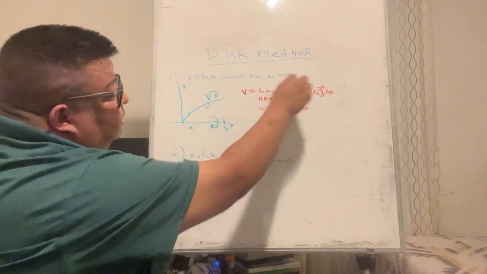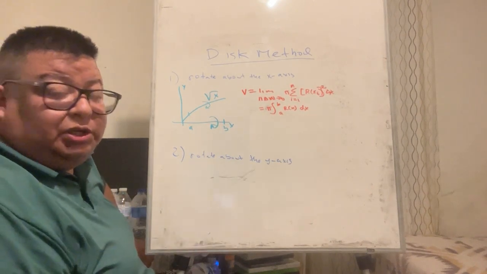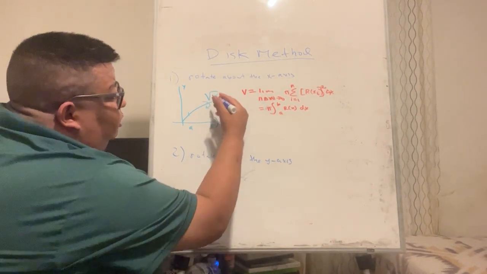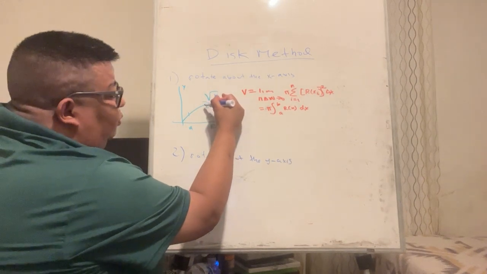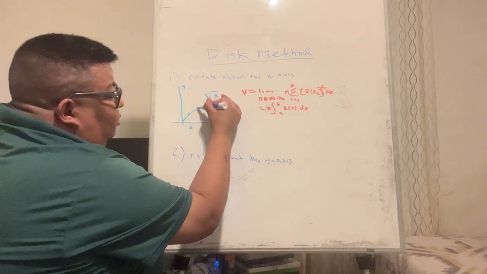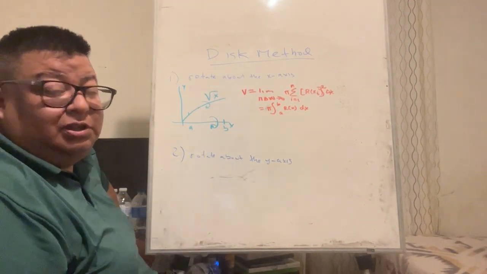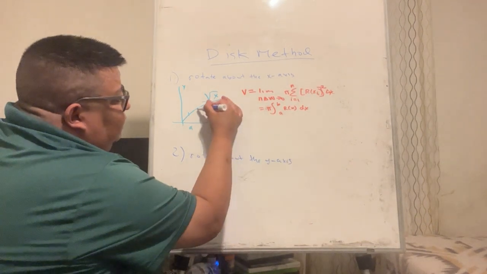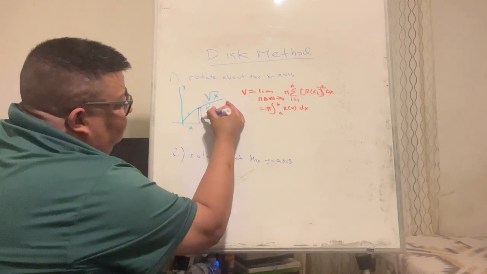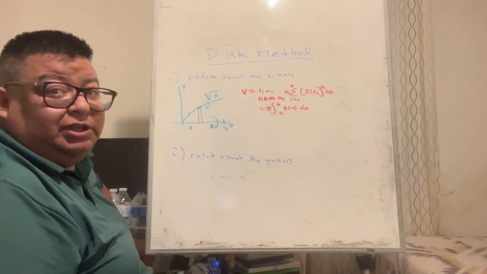So what does this mean here? That means that just like we've done area with integrals, the way we do volume is also with integrals. We're going to take a little piece, and this little piece we're going to rotate.